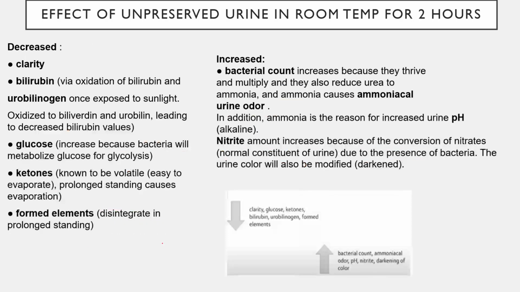Now, what are the effects of unpreserved urine at room temperature, class? So let's say you weren't able to process the urine within 2 hours. So this is what's going to happen. There would be decrease and increase, class. So let's start with the decrease effect. There would be decreased clarity. When you say decreased clarity, class, the specimen would become turbid.